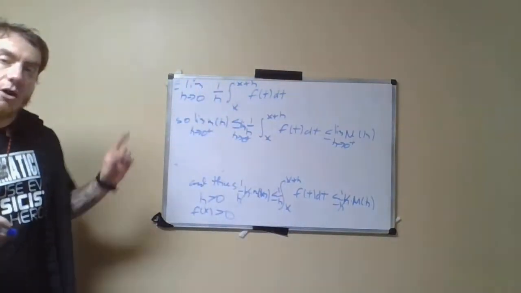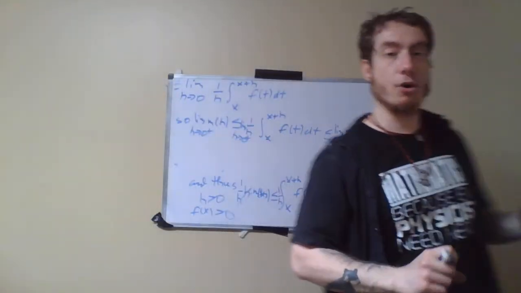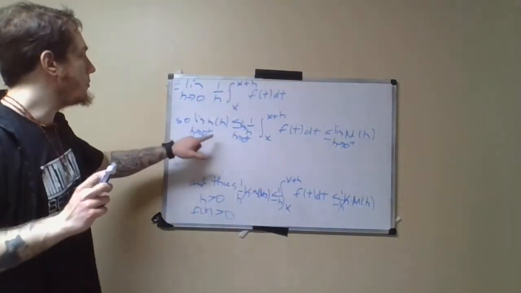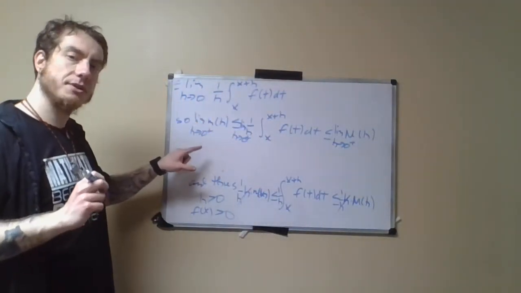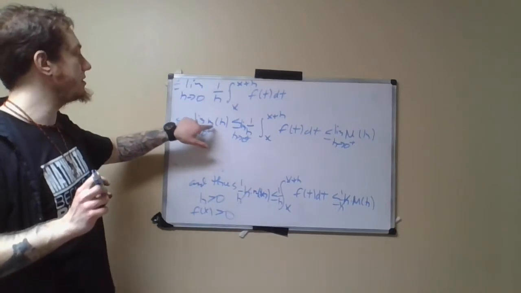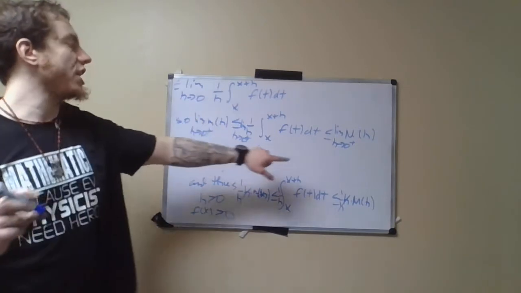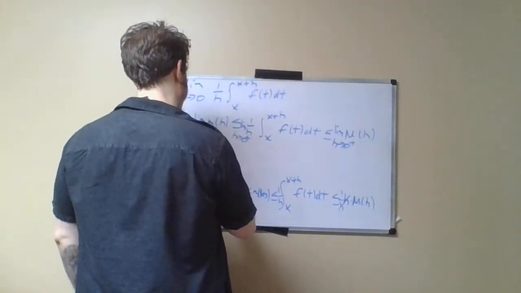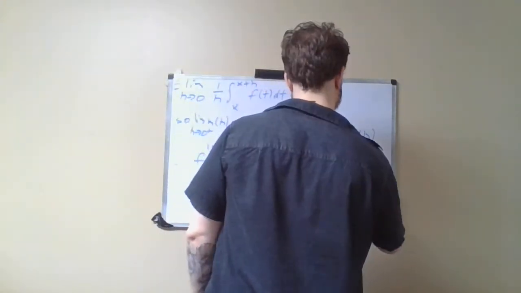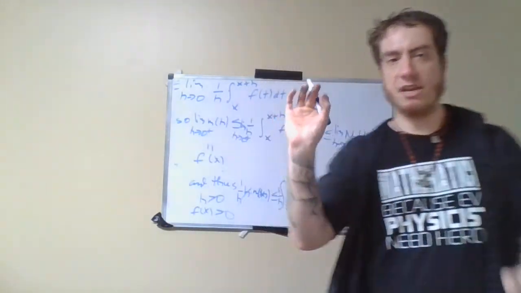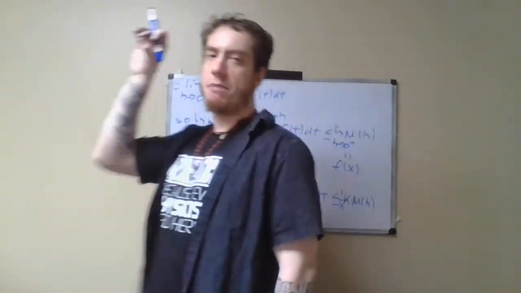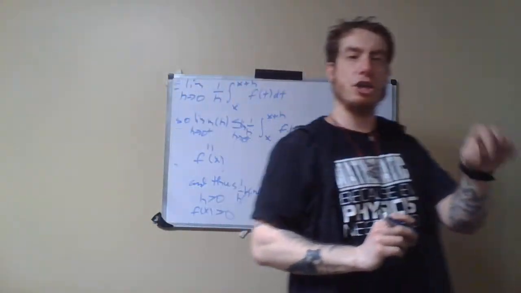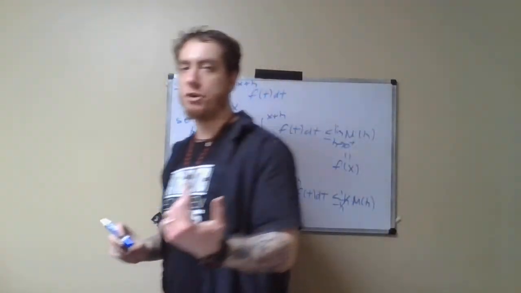Okay, now, we're kind of done with all the tricky stuff, because at this point, what we can say is, because f is continuous, as h goes to 0, little m of h and big M of h both approach f of x. Because if you think about it, as I make the interval smaller and smaller, the maximum and the minimum of the function are going to have to approach the value of the function at the left endpoint of that interval.